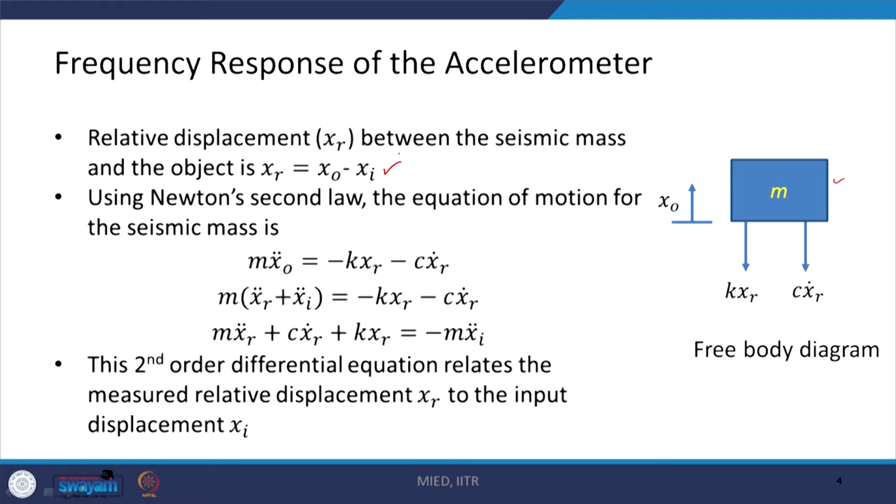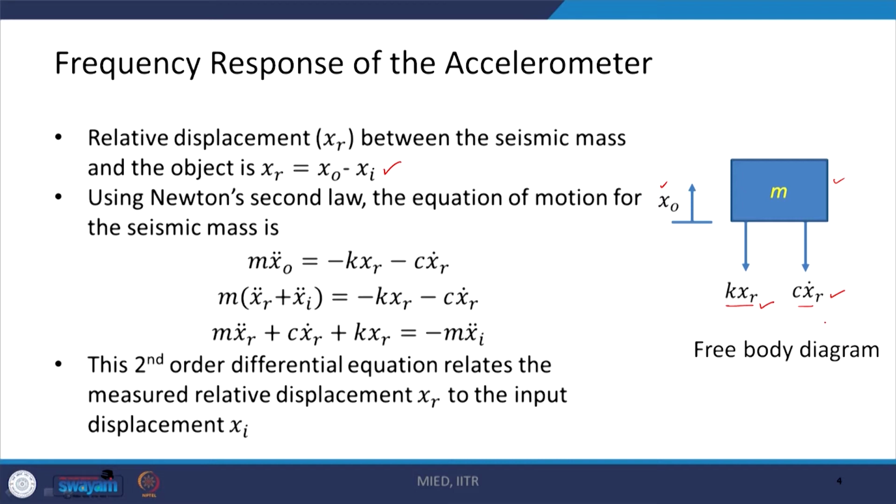Considering the direction of motion in this direction, the spring force will be k xr and the damper force will be c xr dot. So, this is the free body diagram.